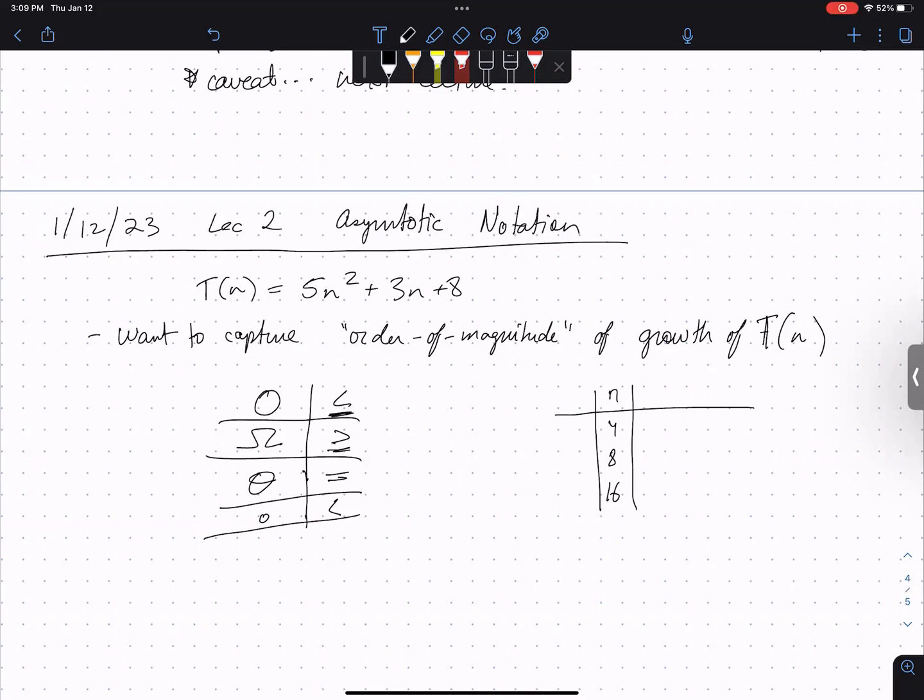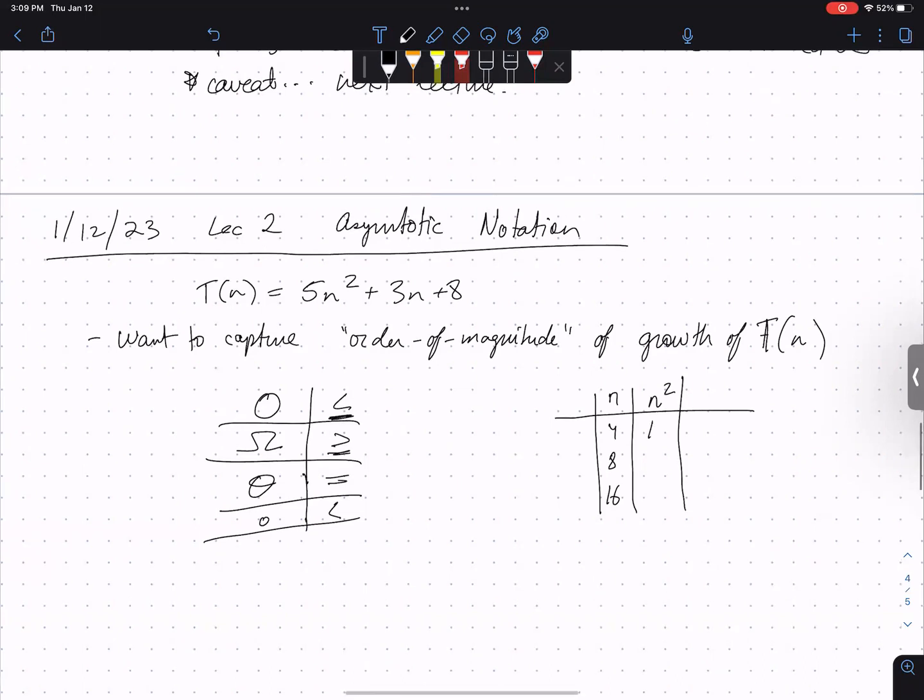Now, if I put here n squared as another column, then this would be 16, 64, and 256. So as I'm doubling the input size each row, the function quadruples. So each of these is a multiple of 4.